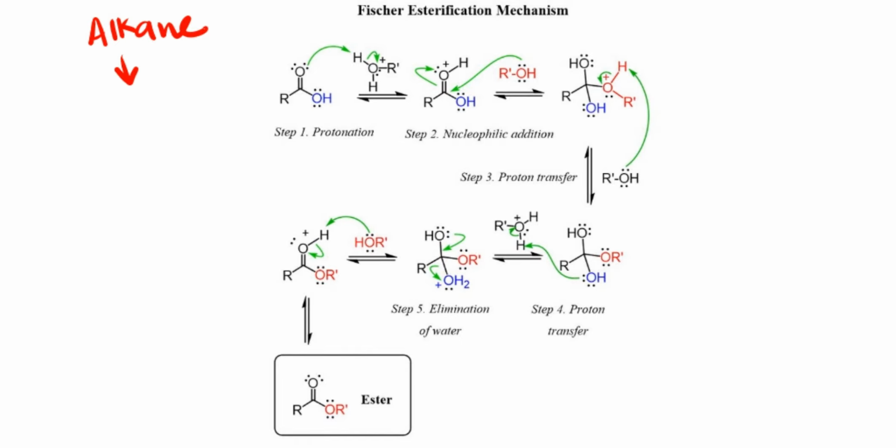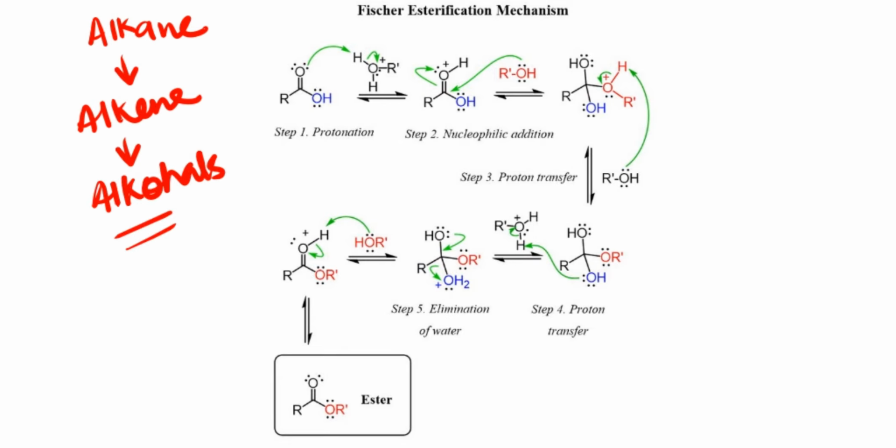Alkane is converted into alkene, alkene is converted into alcohols, and now this mechanism starts from alcohol. We will learn the mechanism from the starting material, that is alcohol.